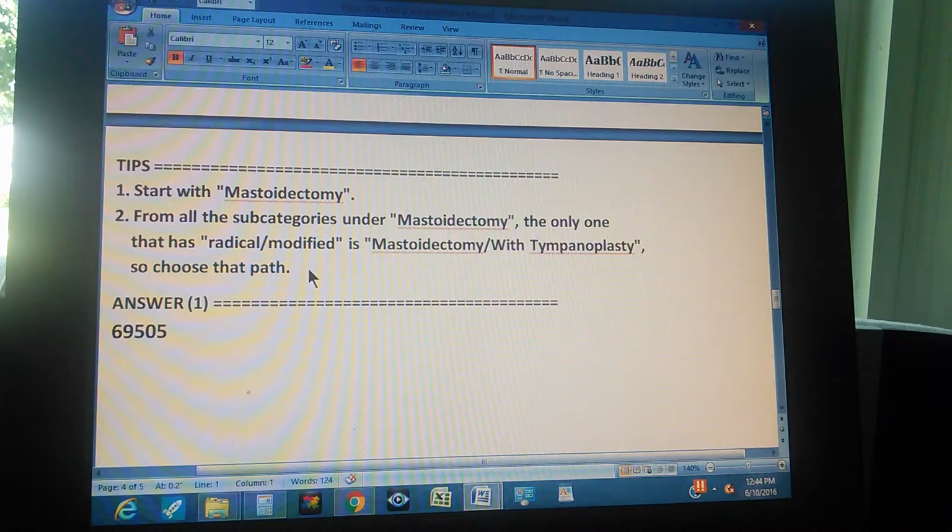When you're in the index and you found mastoidectomy, you read all the subcategories, and the only one where you can find radical and modified is mastoidectomy with tympanoplasty. Tympanoplasty is not in the definition, but that's the only way you can get to the other words. So you have to choose that one because that is an indication of where to go.